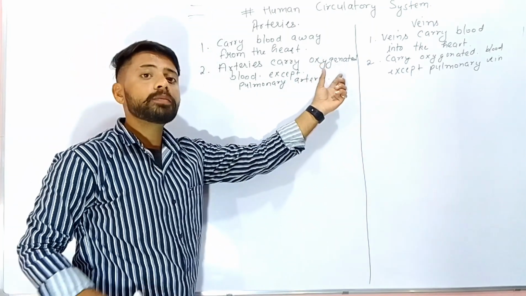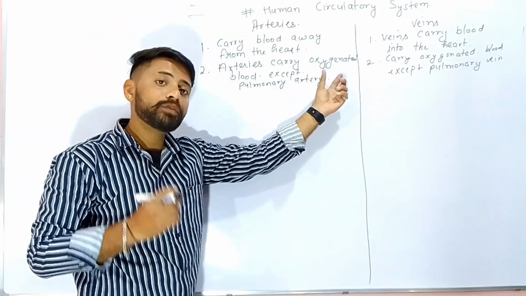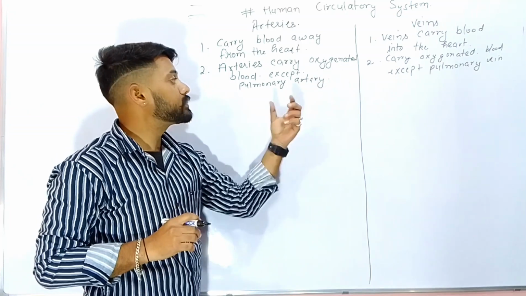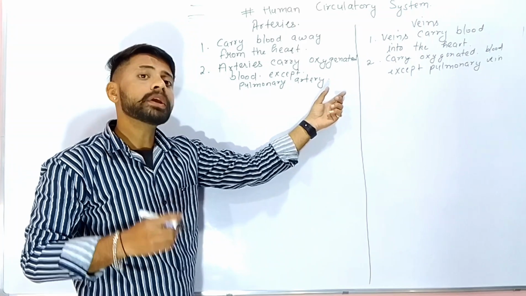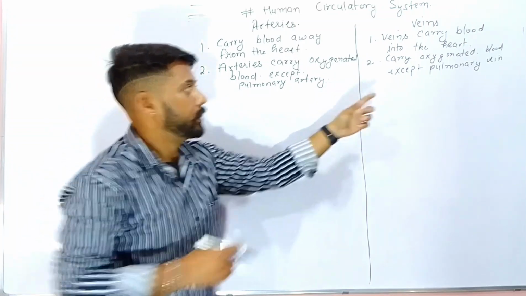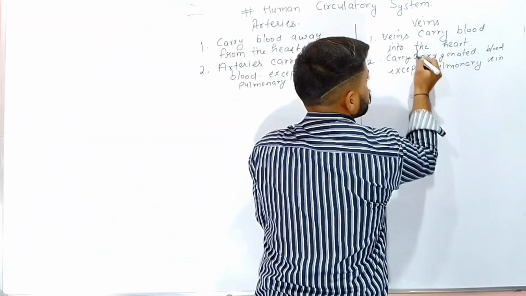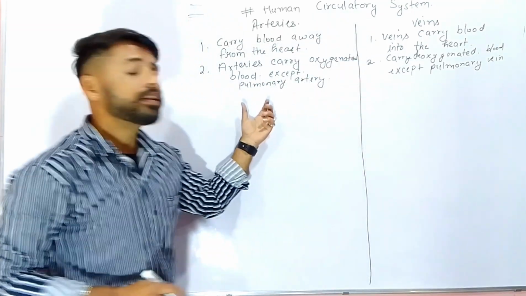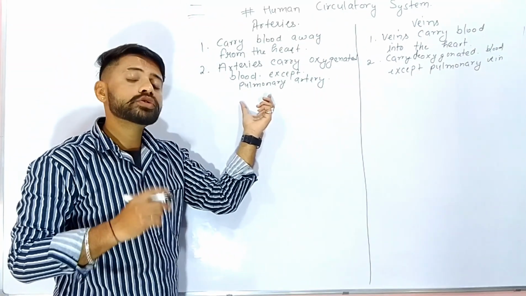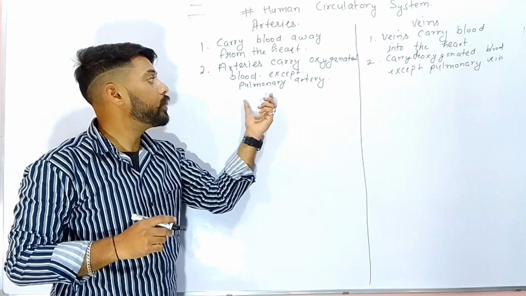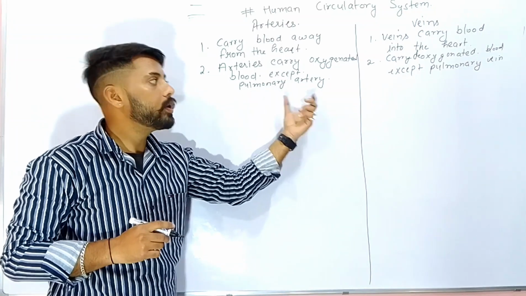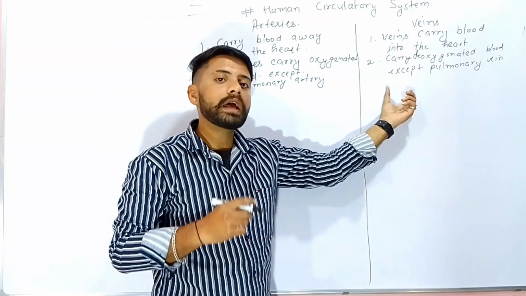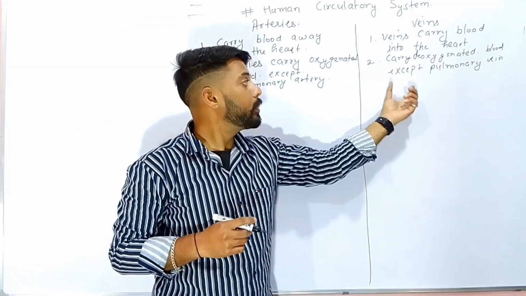The oxygenated blood means the blood with plenty of oxygen, whereas the deoxygenated blood means the blood with plenty of carbon dioxide. When we take the structure of the heart, we will understand how the pulmonary artery carries the deoxygenated blood, whereas the pulmonary vein carries the oxygenated blood.